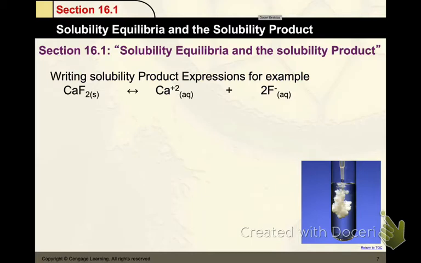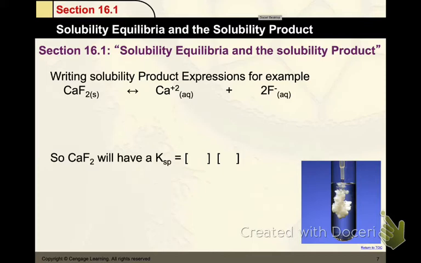So, just going through another example of writing an equilibrium expression for this. CaF2 solid in equilibrium gives a small amount of Ca2+ and 2 F-. And so if we are going to write the expression for this, products over reactants, but again the reactant itself is a solid, so that won't be there.